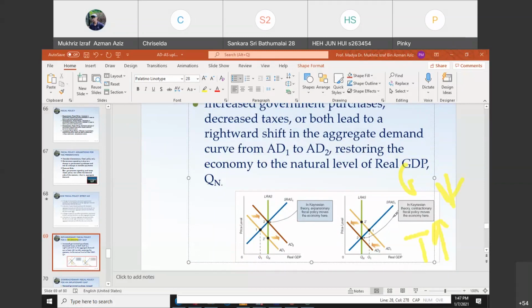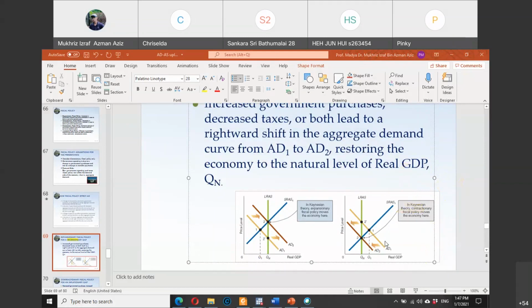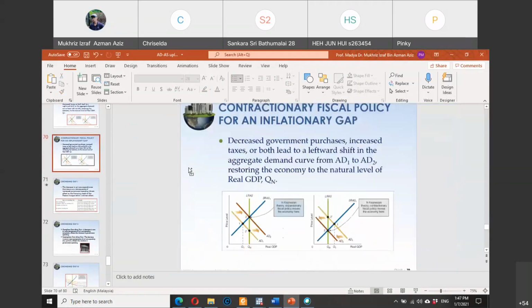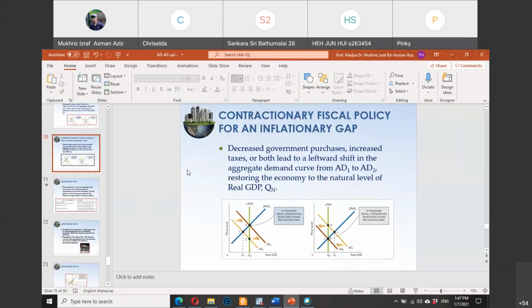That is part of contractionary fiscal policy, and it will cause the aggregate demand curve to shift to the left. That is what you need to understand from the discussion of expansionary and contractionary.